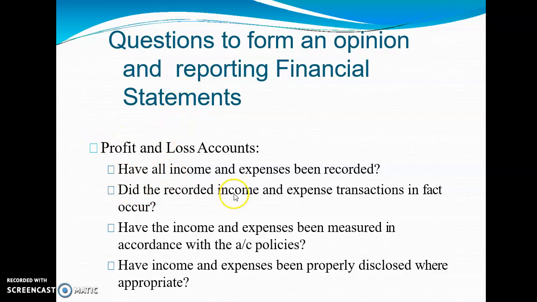Did the recorded income and expense transactions in fact occur? Does it really occur? So you have to determine from the profit and loss items whether there is existence of the expense. And have the income and expense been measured in accordance with the accounting policy, and have income and expense been properly disclosed where appropriate?